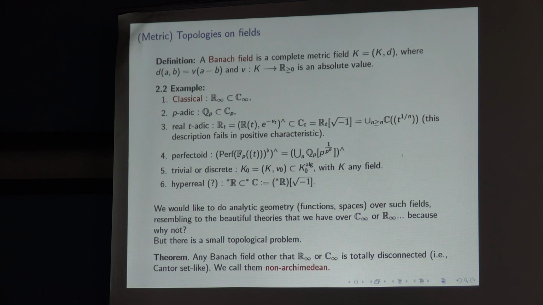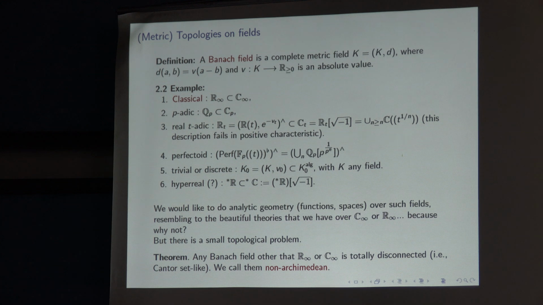To the left side, I am putting the field, and to the right side, I am putting its algebraic closure. I have also the t-adic real numbers, which are just a completion of the field of rational functions over the reals with respect to some t-adic valuation. And to the right, you have the algebraic closures.